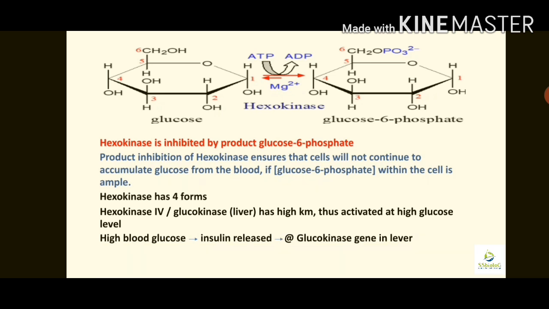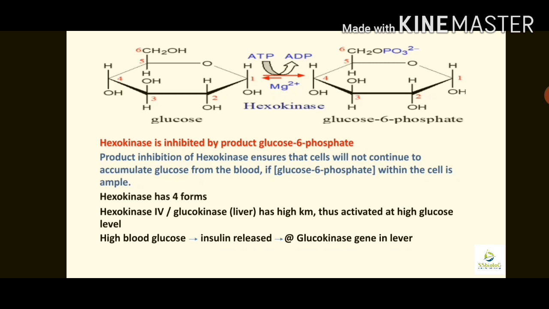One effect of insulin is that when a high blood glucose level occurs, mainly after the fed state, insulin is released from the pancreatic beta cell, which binds to its receptor, that is the receptor tyrosine kinase, which is found on the liver.